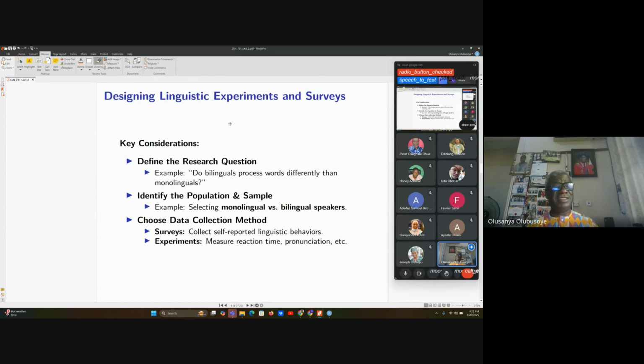An experiment might be that you have different groups and you ask them to pronounce something, and you see the way they pronounce it and measure some things about them. So that could be a form of experiment.